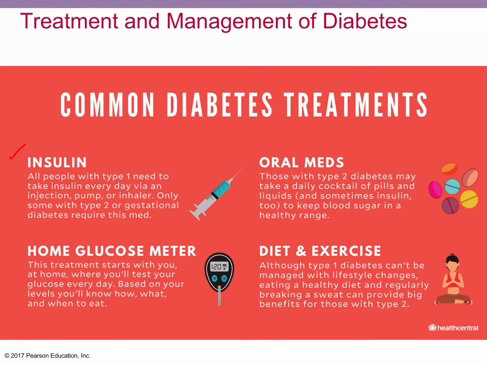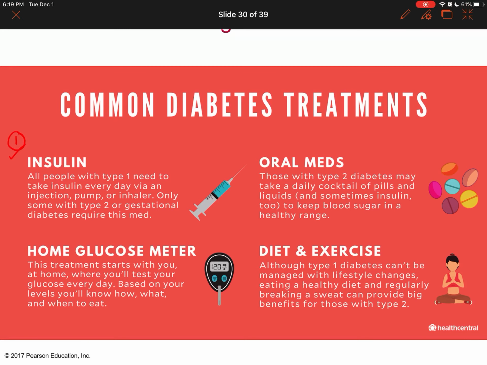Insulin is a very common approach, especially in type 1 diabetes, because type 1 diabetes is insulin dependent. So this is a must in type 1 diabetes, occasionally used in type 2 diabetes, only with some type 2 or gestational diabetes.